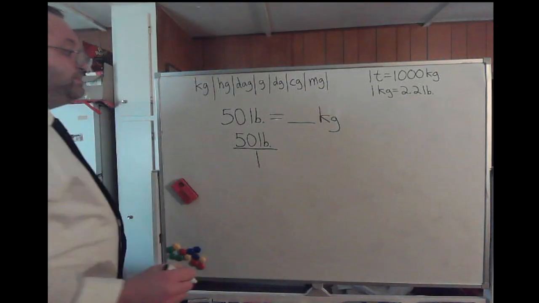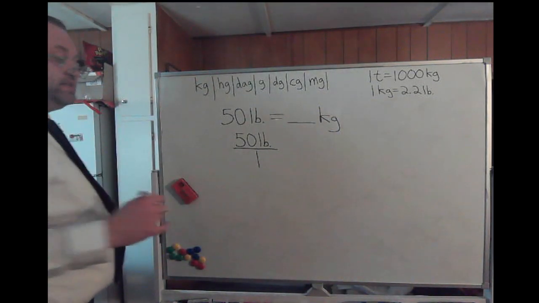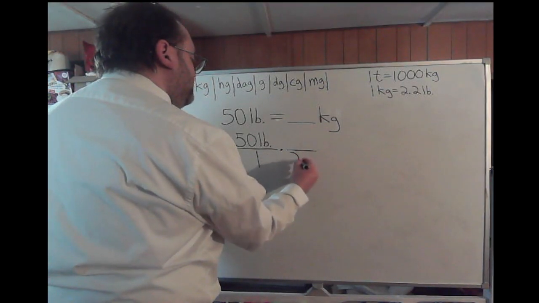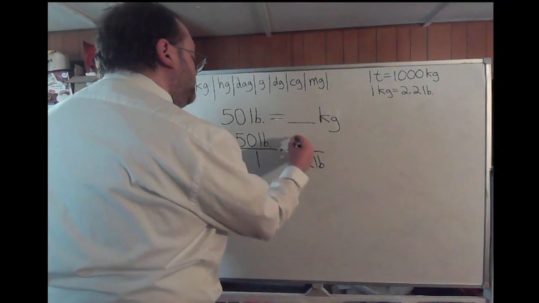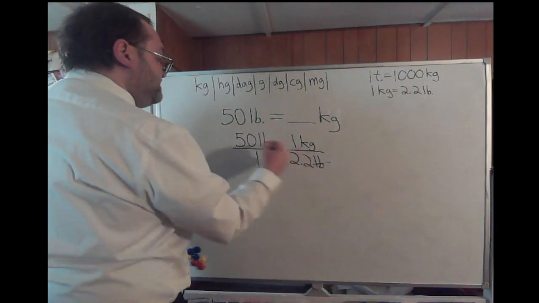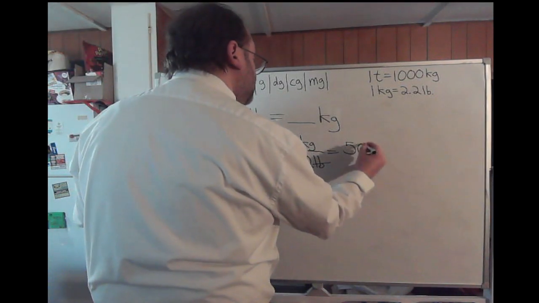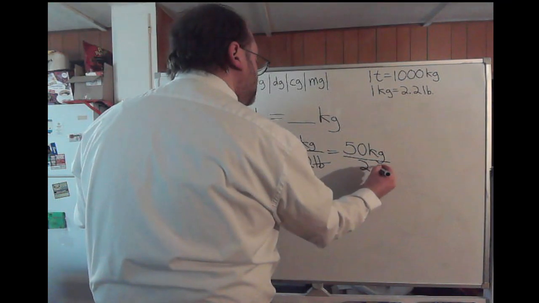Now, what we want to do is make sure the pounds cancel out. So in the next ratio, the pounds will have to be on the bottom. We know that there are 2.2 pounds in 1 kilogram. So your pounds cancel out, and you'll have 50 kilograms over 2.2.